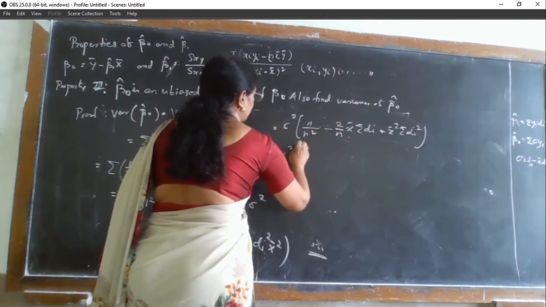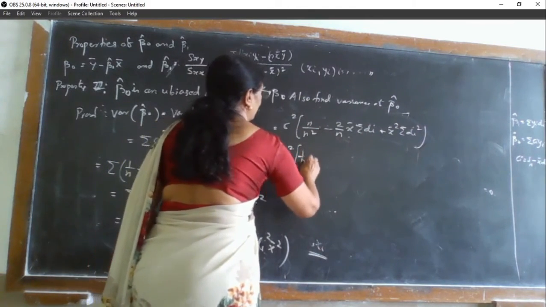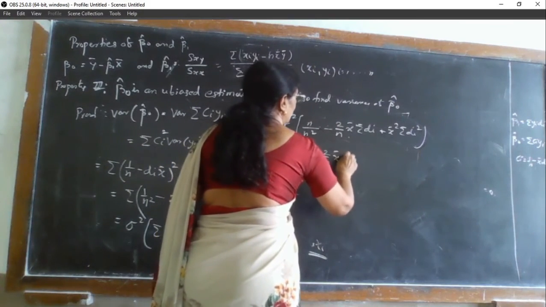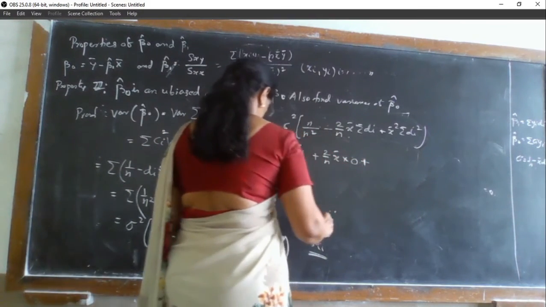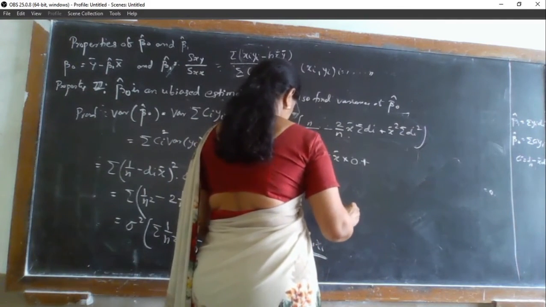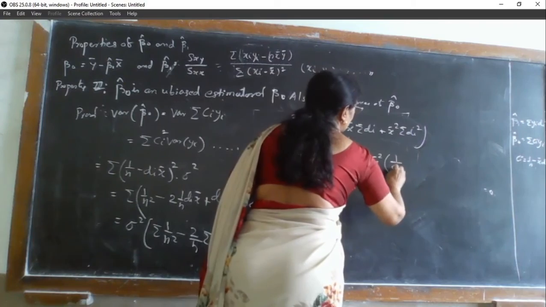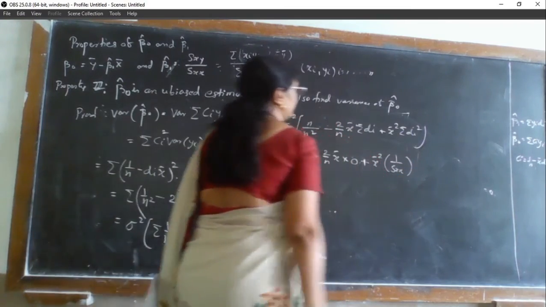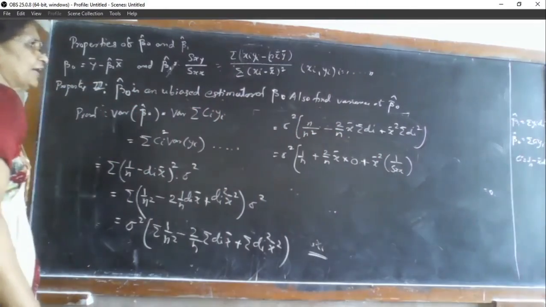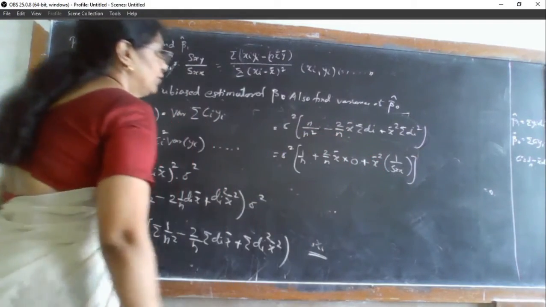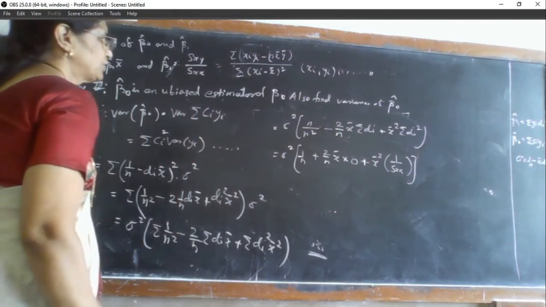So this will be sigma square, 1 upon n plus 2 upon n x bar into summation of di is 0 plus summation of di square is 1 upon sxx. We have proved that summation of di square is 1 upon sxx.